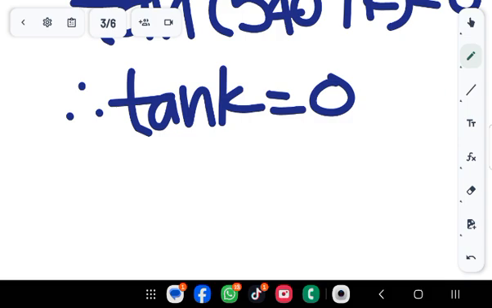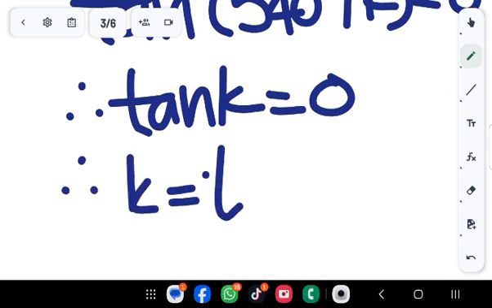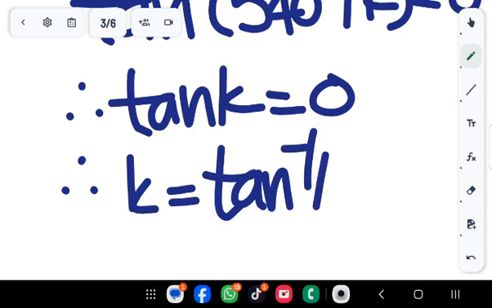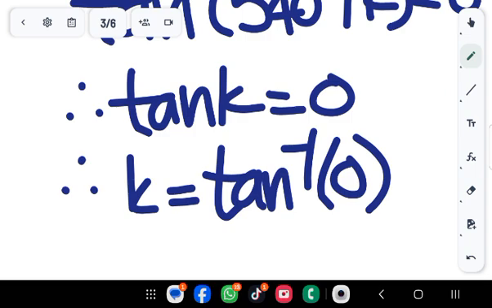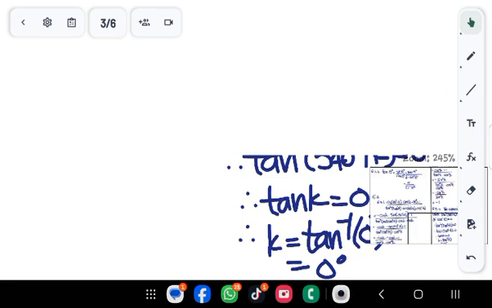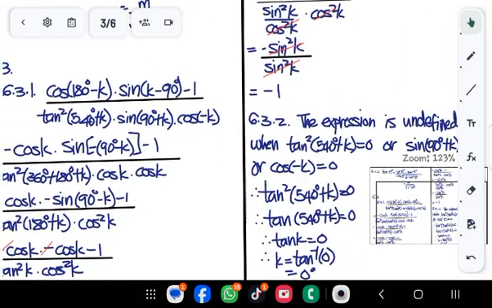Therefore k equals tan to the minus 1 of 0, which gives us the angle between 0 and 360. So shift tan 0 equals 0. Okay, for this one, it's when k equals 0 degrees.